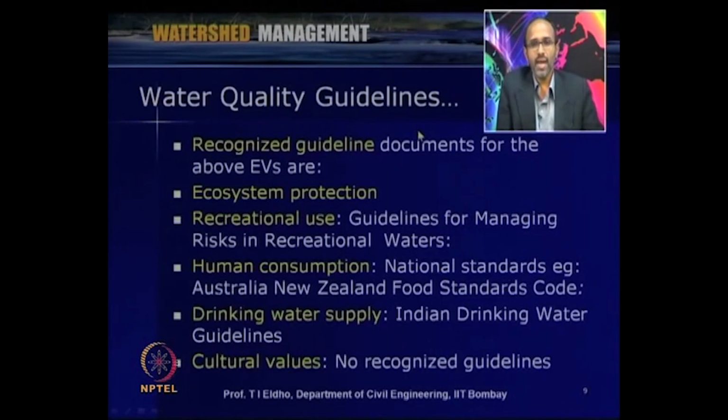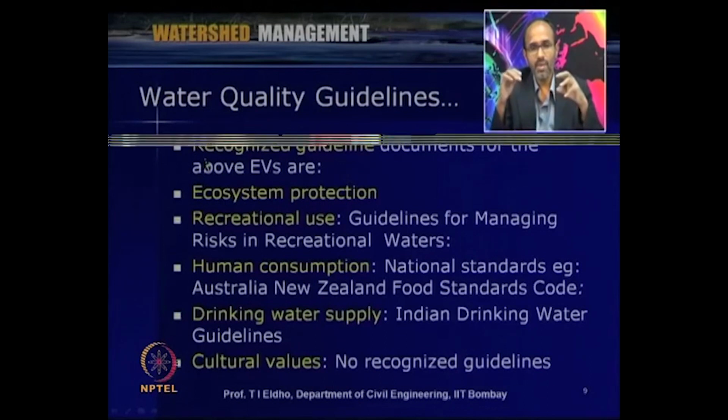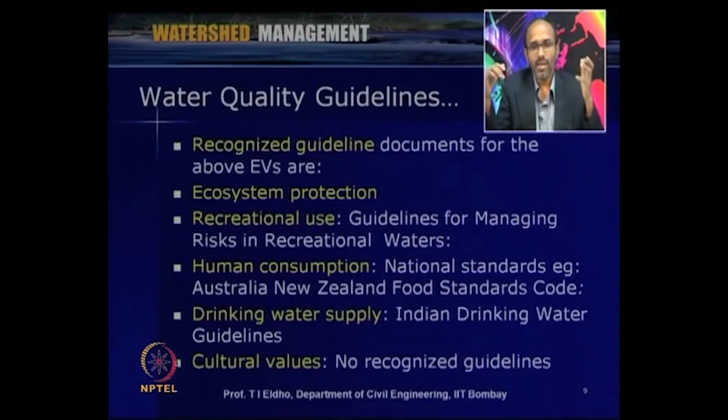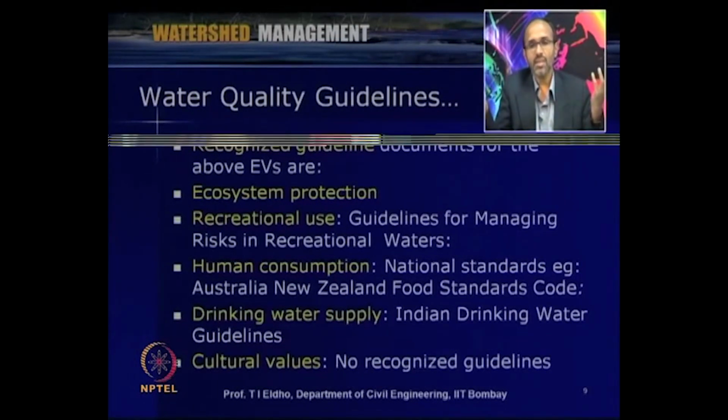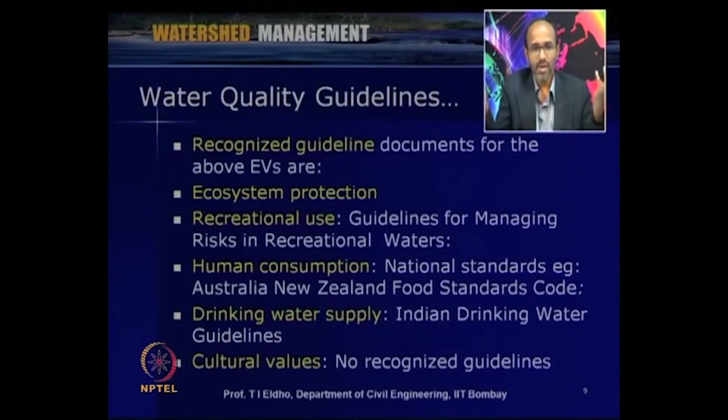As far as water quality guidelines are concerned, we have to come up with rules, regulations or laws. We have to come up with documents for the various usages or sectors, and these should be from authorized agencies like pollution control boards or other government agencies, so that they can be strictly implemented for the various environmental values.